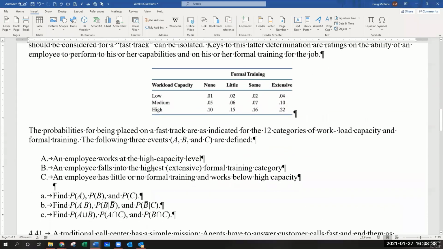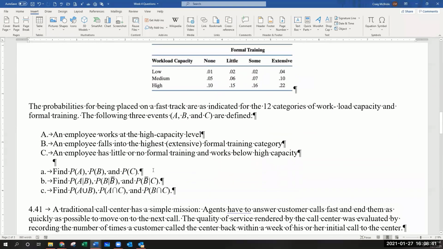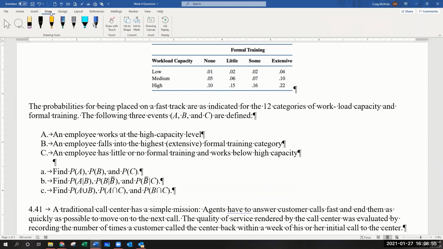What I do with these is I just count them out. So A given B means we're in B, and B is an employee falls into the highest extensive training category. I did this with colors last time, and I still think that's a good idea.